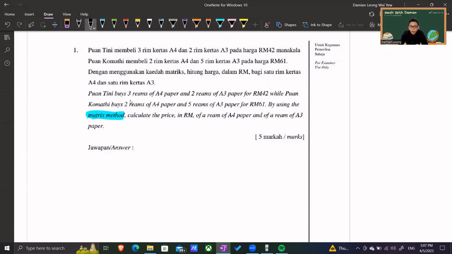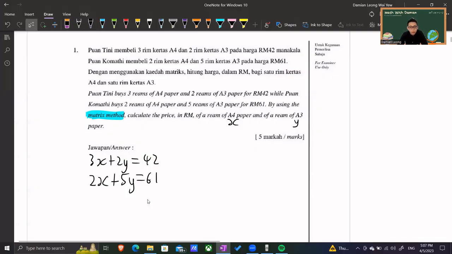I take the price of A4 paper as X, price of A3 paper as Y, means 3X plus 2Y equals 42. And how much does Puan Komati buy? 2 reams of A4 paper, so 2X plus 5 reams of A3 paper, 5Y equals 61. These are the 2 equations.